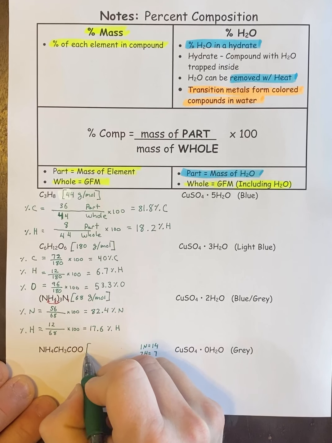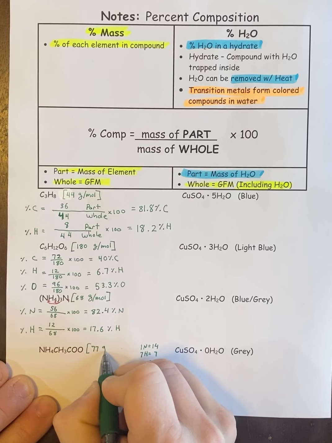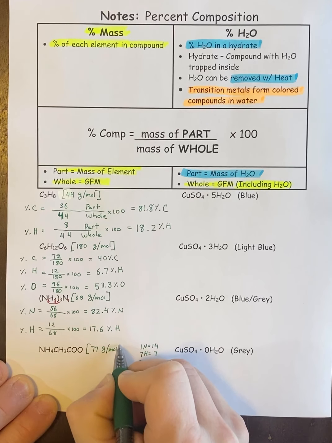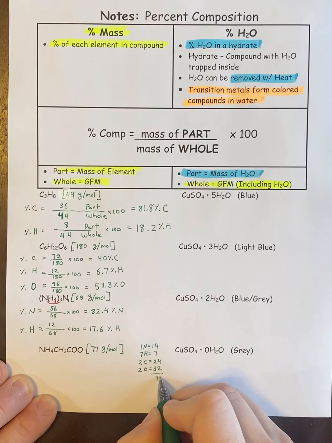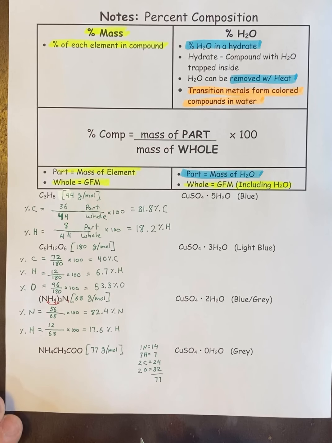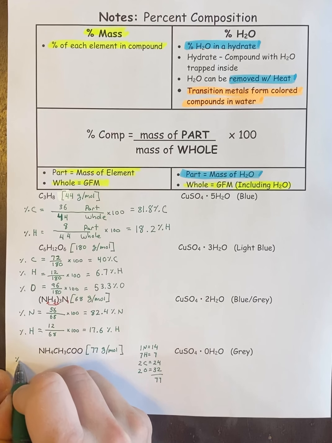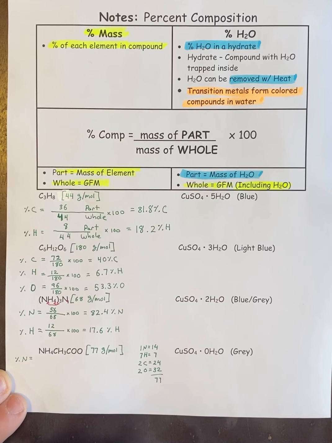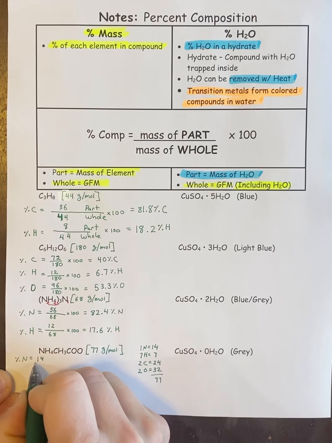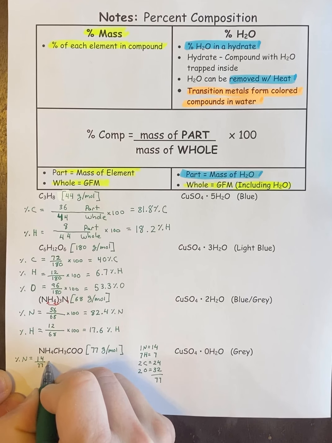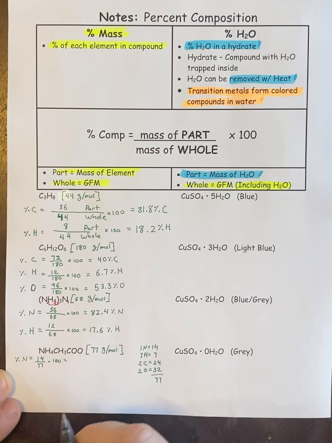And our GFM is 77 grams per mole. So now we're going to do our percent N, which is 14 over 77 times 100.